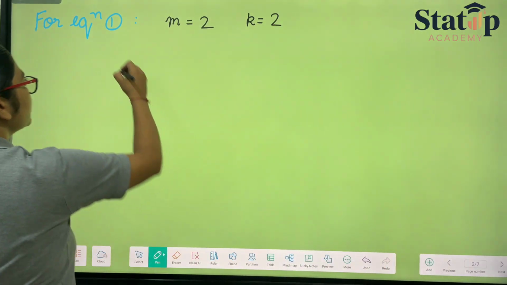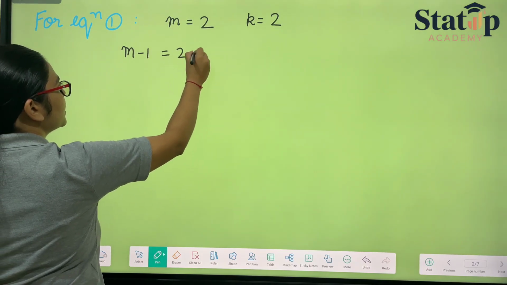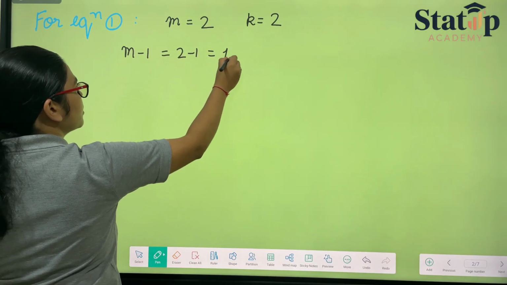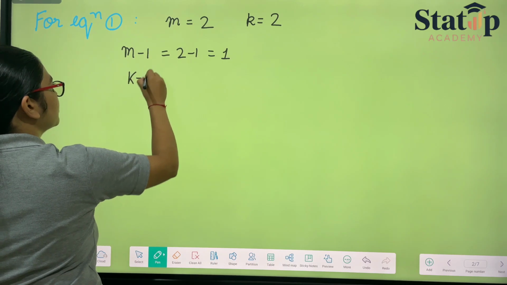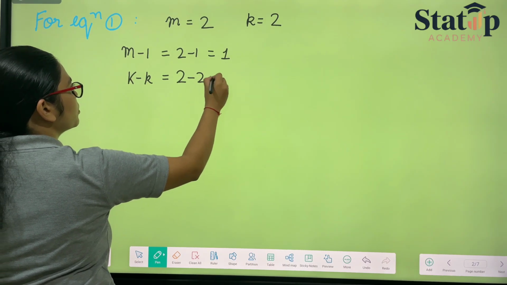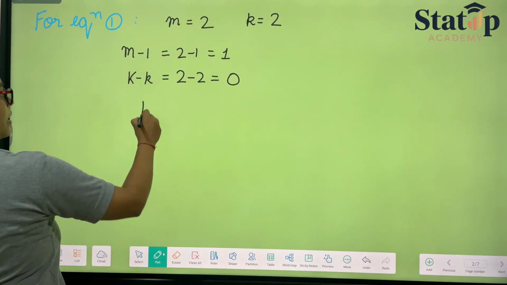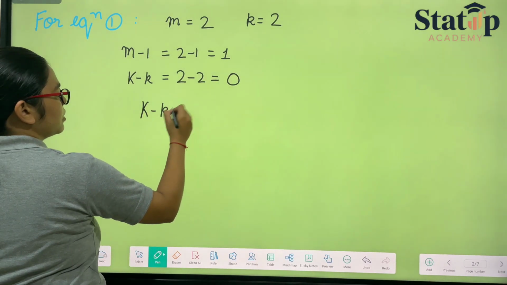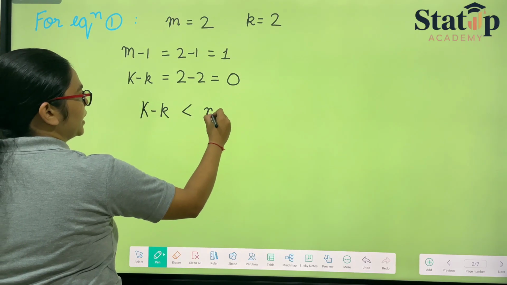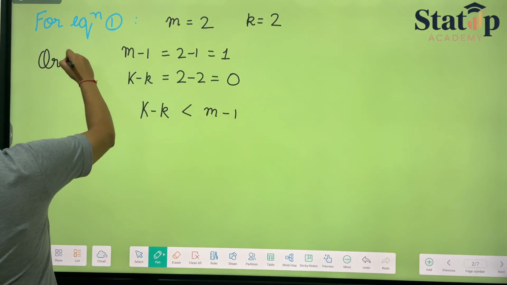So for this we will check m minus 1, which equals 2 minus 1 equals 1, and capital K minus small k, which equals 2 minus 2, which equals 0. So here K minus k is less than m minus 1. This is the order condition we are checking.